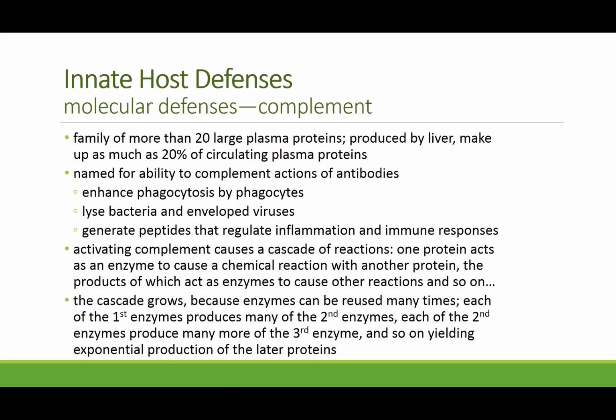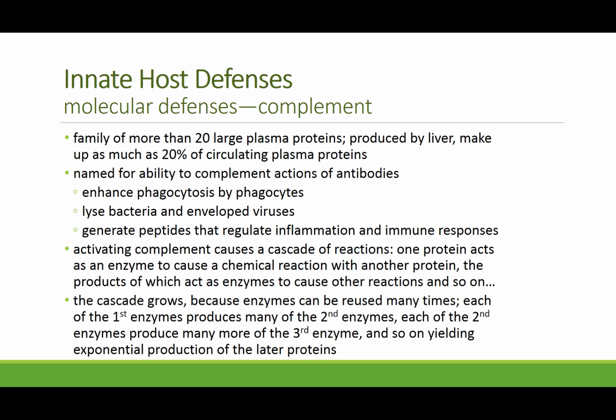And it can do that with both bacteria and with viruses that have a membrane around them. So those enveloped viruses are also subject to complement. And then last of all, it can generate peptides that help to regulate inflammation and other immune responses.